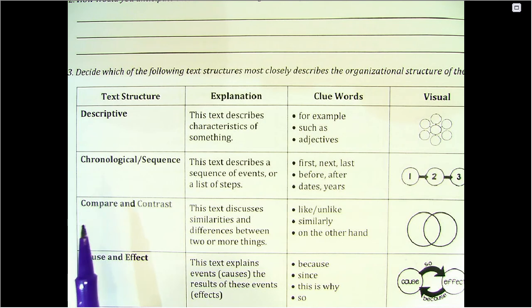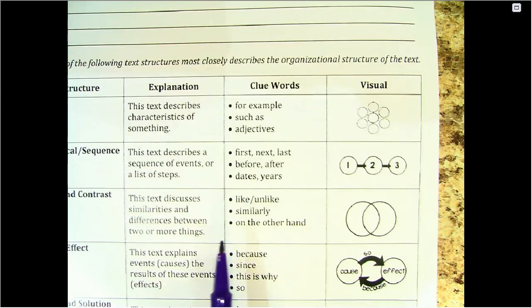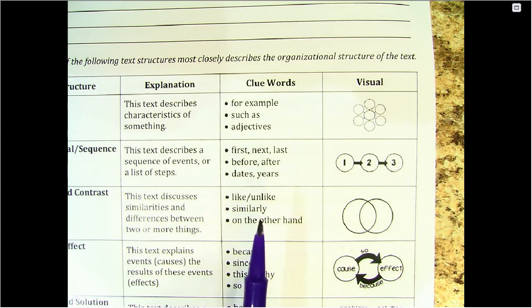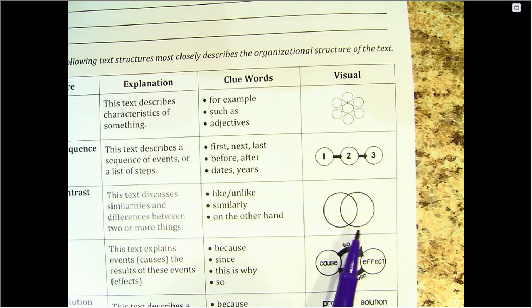You might read a compare and contrast text. So maybe what you've read discusses the similarities and differences between Charles Dickens and another author of his time, for example. And we'd be looking for words like or unlike or similarly or on the other hand, almost like a Venn diagram, like what the 2 people have in common or what they have different.